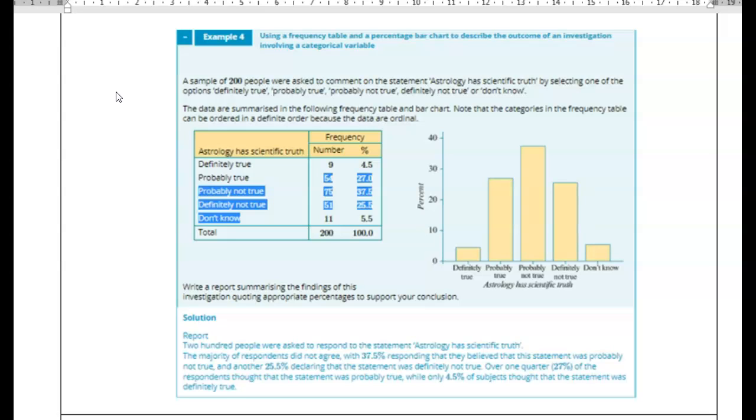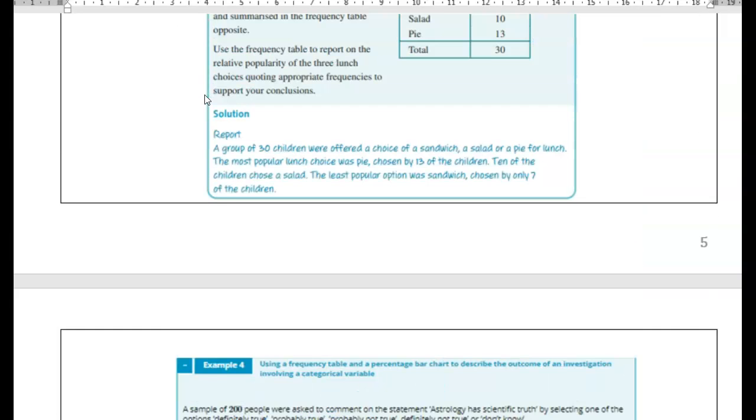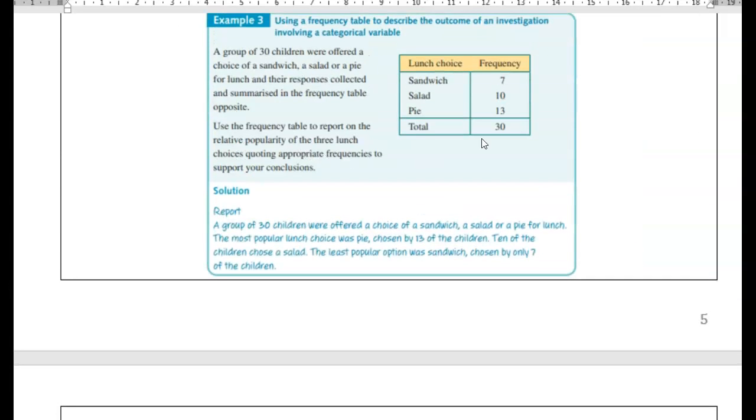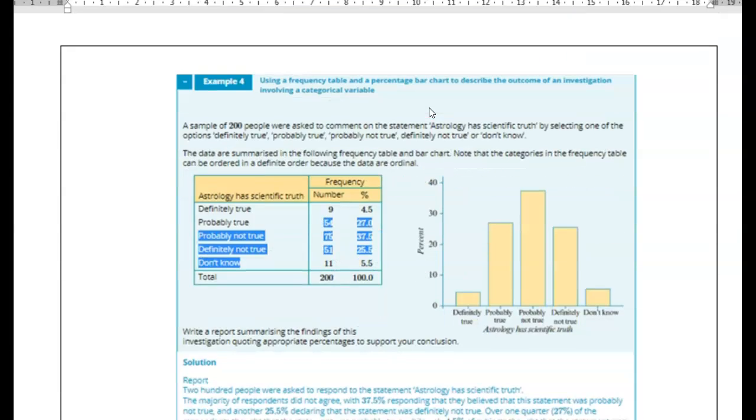So remember, the difference between ordinal and nominal is that ordinal data can be put into an order. Okay, so if we just go back to this example, this is nominal, okay, because we can't put sandwich, salad, pie in order. Okay, they're just categories, they're just names basically. Whereas example 4, it's in an order, definitely true, probably not true, definitely not true, and don't know.